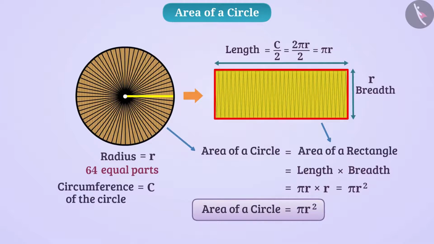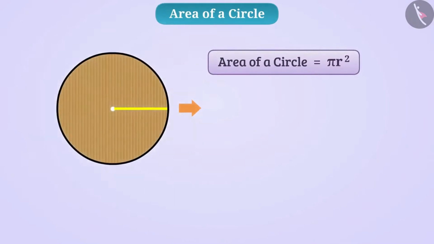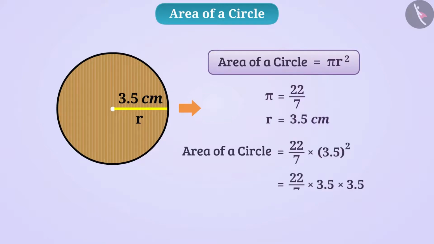For example, using this formula, we can find the area of a given circle whose radius is 3.5 centimeter. The value of pi is 22 by 7 and the value of r, that is radius, is 3.5 centimeter. By putting these values in this formula, we will get the area of this circle as 38.5 square centimeter.